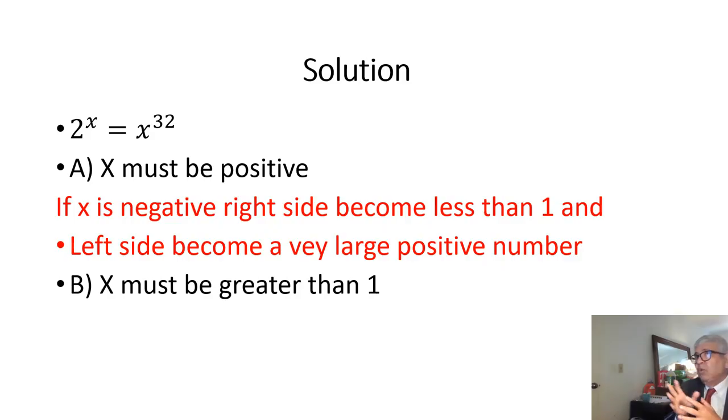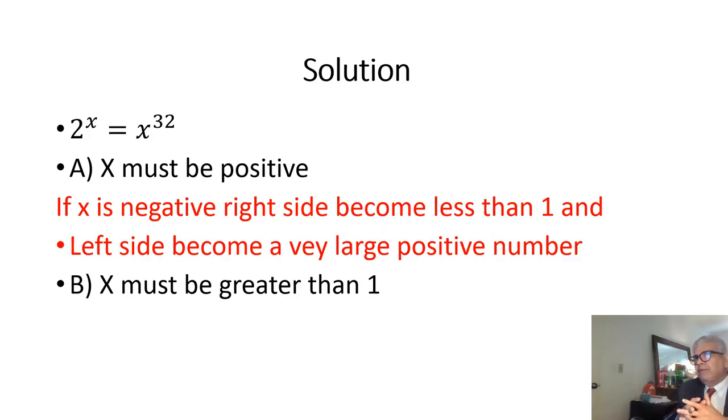Even if he hadn't told us it is an integer, we could justify that it must be more than 1, because if x is less than 1, let's say x is 0.5, then 2 to the power of 0.5, or 2 to the power of anything less than 1, on the left side is going to be between 1 and 2.